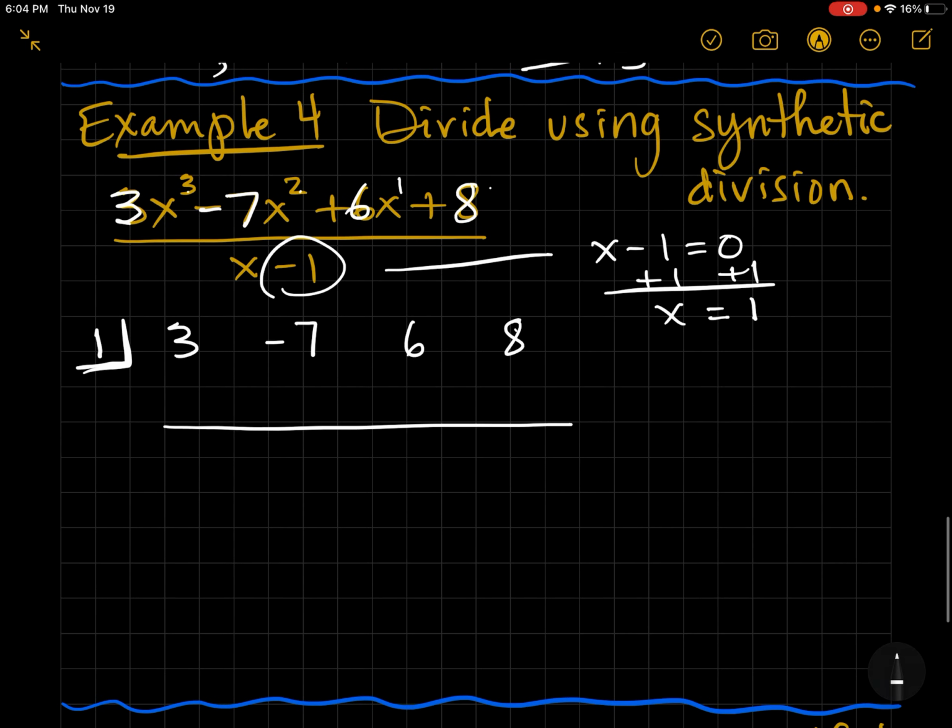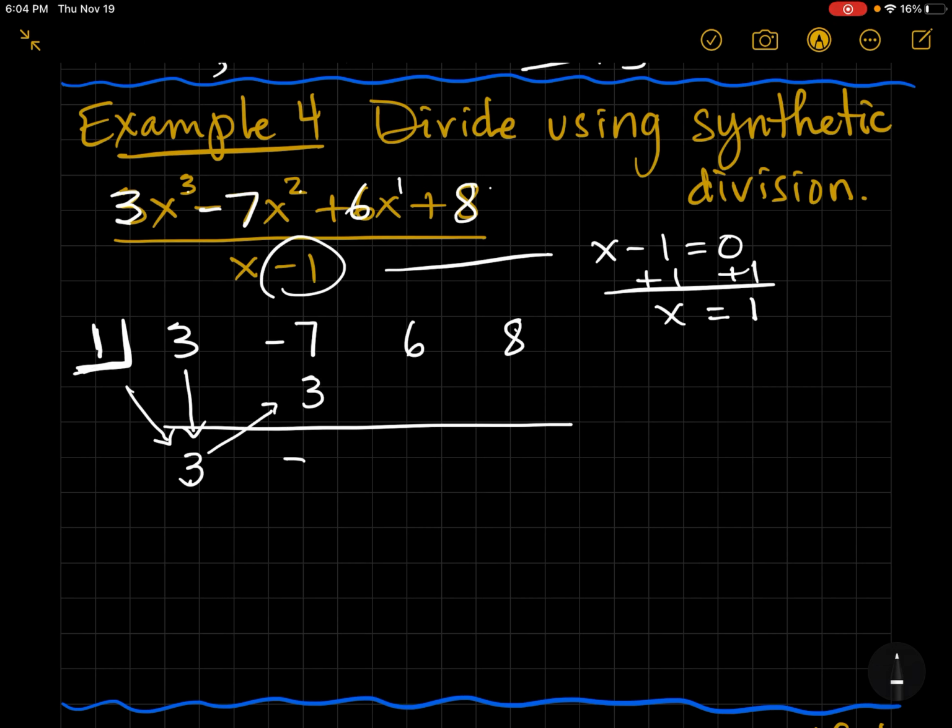Now focus right here. The first number, you just bring it straight down, and that's a 3. And now we're going to do this little crisscross, pop, lock, and drop it move, okay? You always multiply by what's in the corner box. So 1 times 3 is 3, and you put it above the next line.